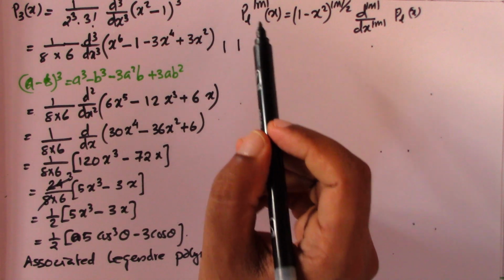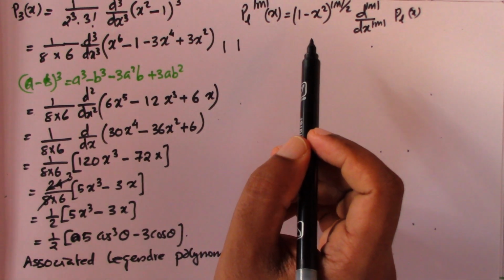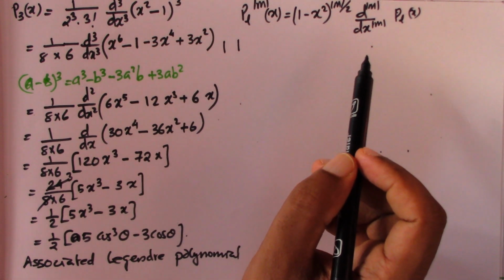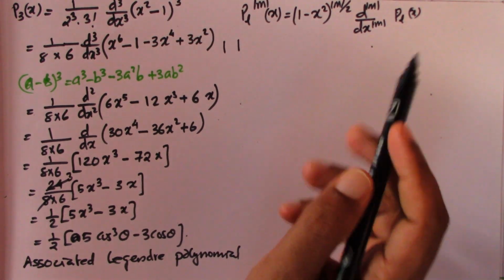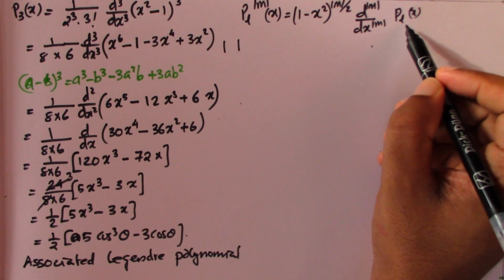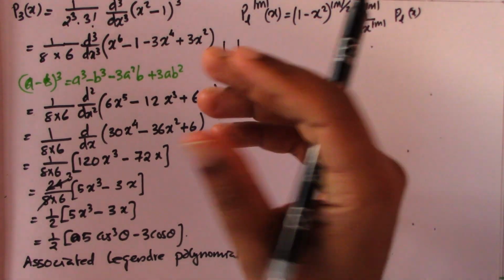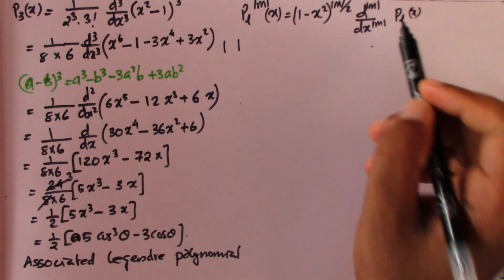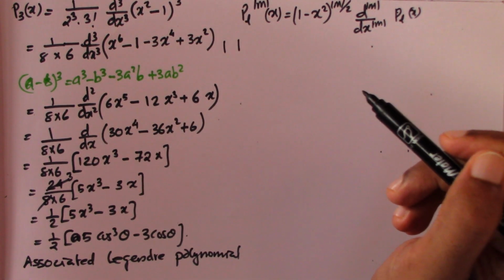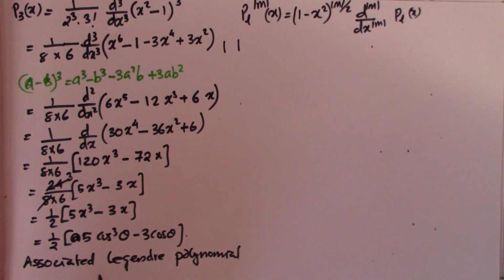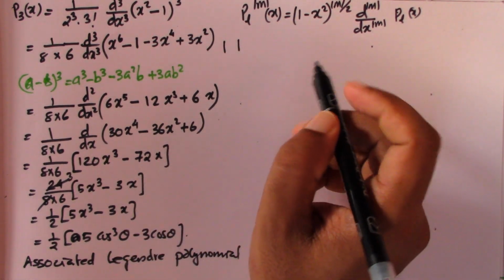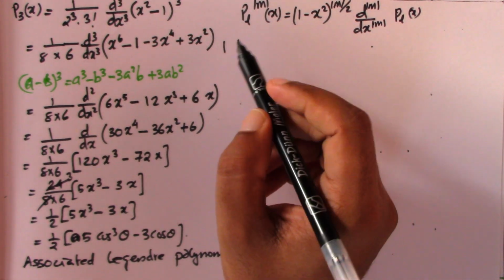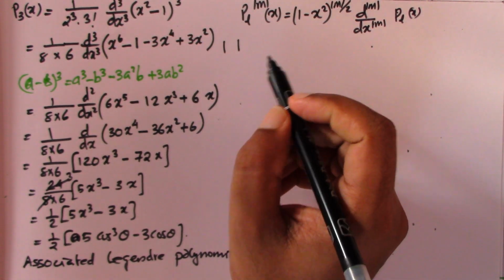Okay, so P_L^M(x) is equal to (1 minus x square) raised to m by 2 into d raised to m by dx raised to m of P_L(x), where P_L(x) is already defined as the Legendre polynomial. We have already computed the values of P_L(x) for different values of L. And now we can calculate the different associated Legendre polynomials for different values of L and m.